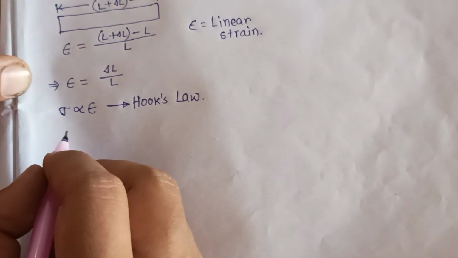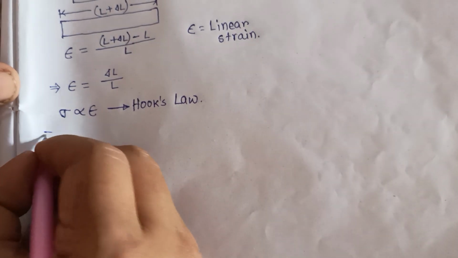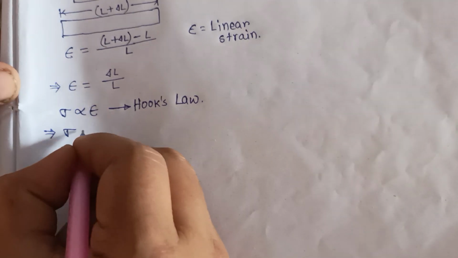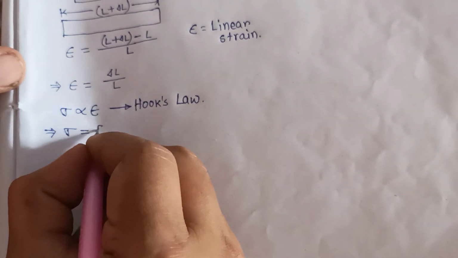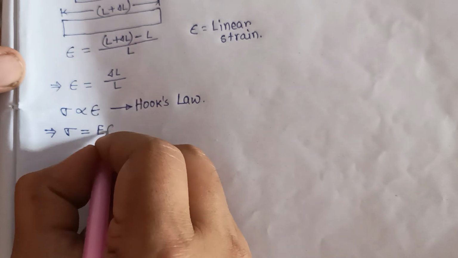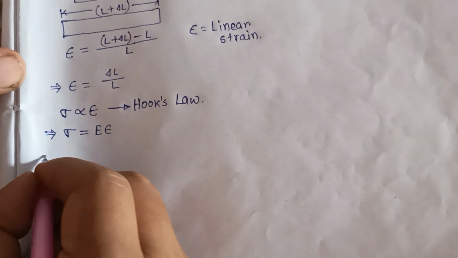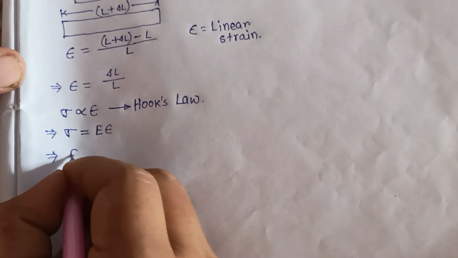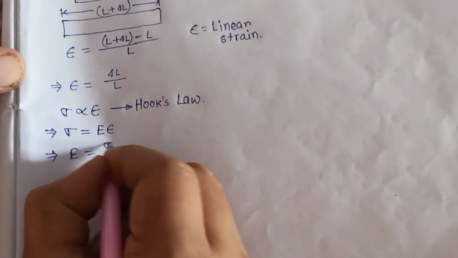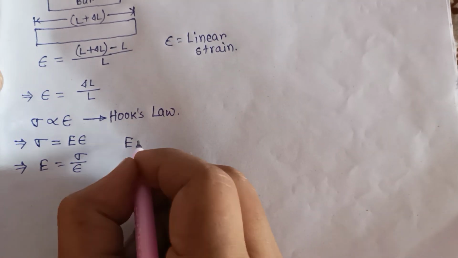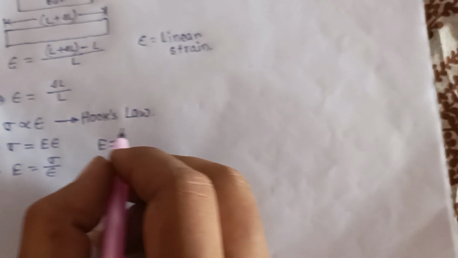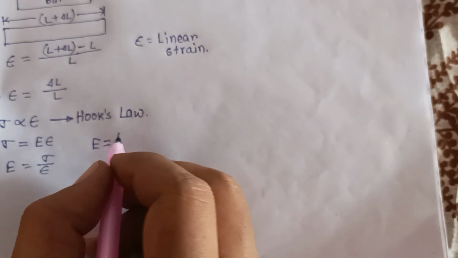There will be a proportionality constant, suppose it is E, so sigma equals E into epsilon. From here you can calculate E equals sigma by epsilon. What is E here? E is the Young modulus or modulus of elasticity.